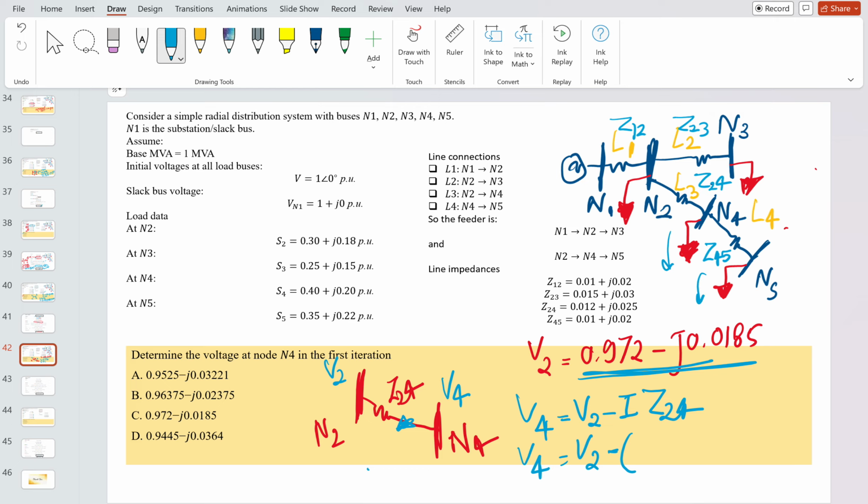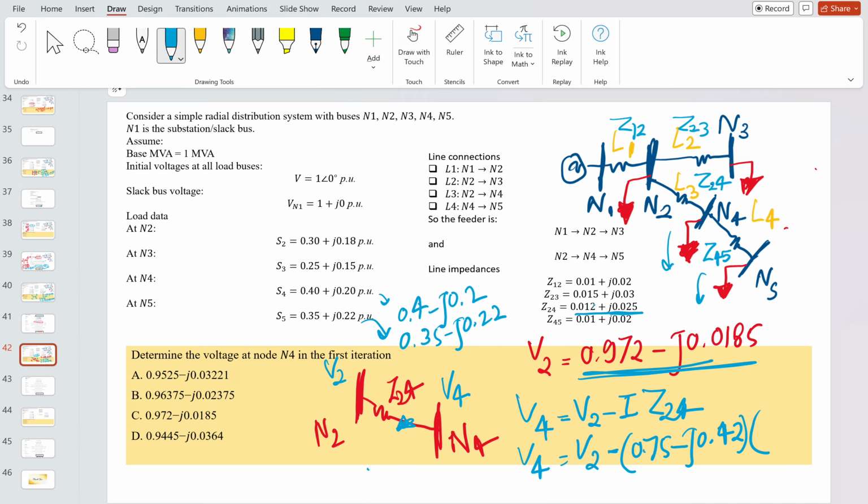At N4 the current will be 0.4 minus j0.2, and the fifth load draws 0.35 minus j0.22. It will come out to be 0.75 minus j0.42 multiplied by Z24.